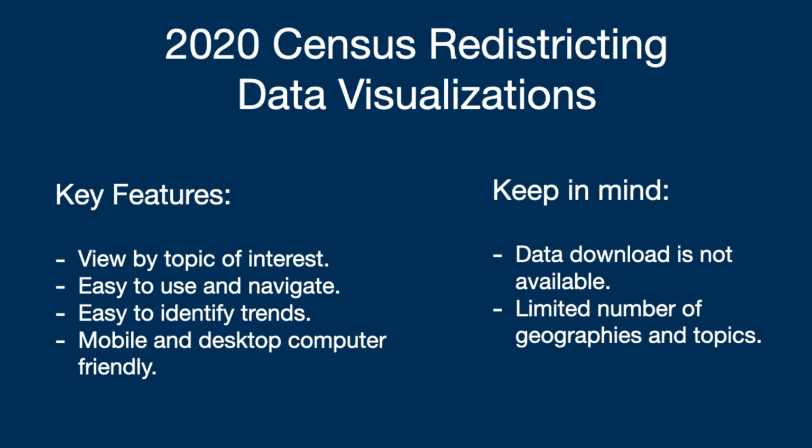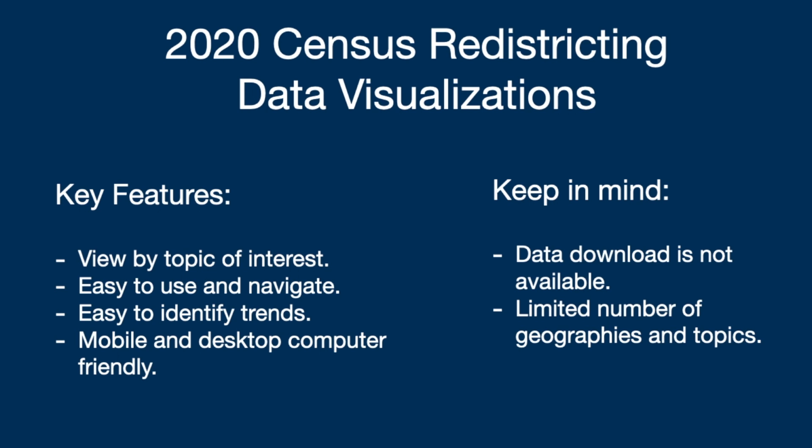Each of the 2020 Census Redistricting Data visualizations offers their own unique features and topics, such as population, race and ethnicity, voting age, and housing data. Some of them allow you to compare 2010 to 2020 decennial census data. Some focus on one topic.